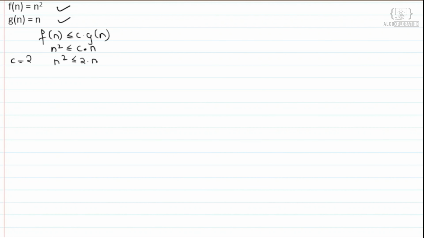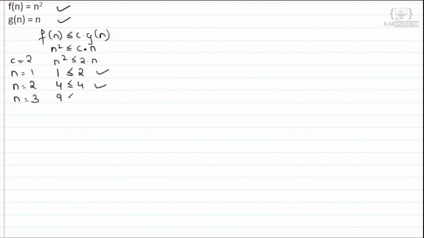Now let's put some value of n. So to make this condition true, let's take n as 1. It will become 1 is less than or equal to 2. Yes. Let's take n as 2 again. 4 is less than or equal to 2 into 2, which will be 4 only. Again true. But let's take n as 3 again.